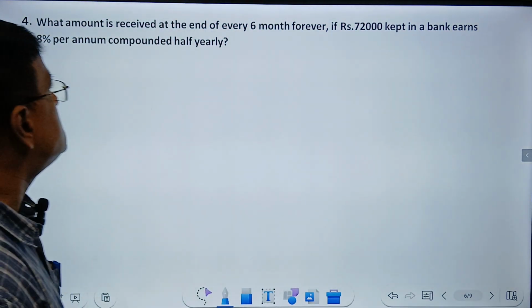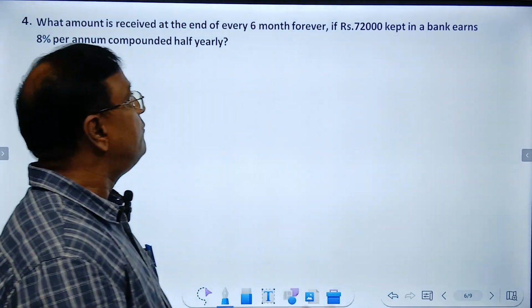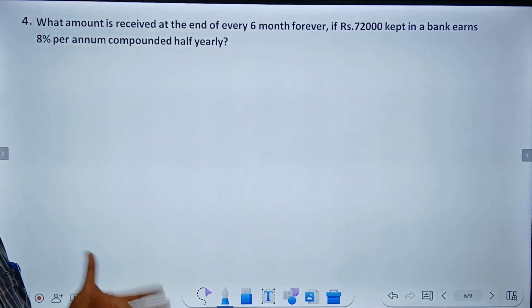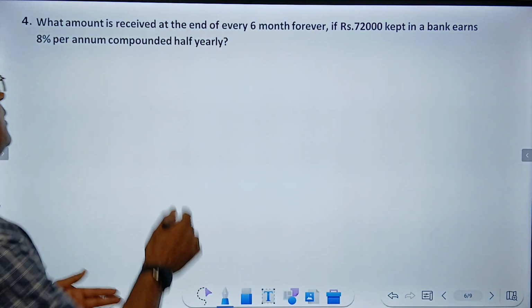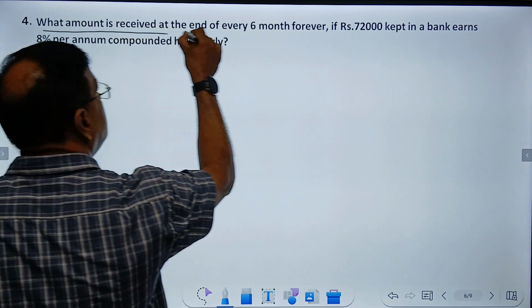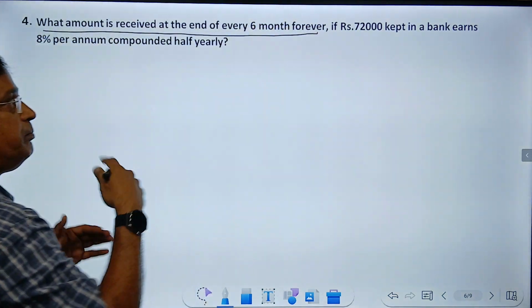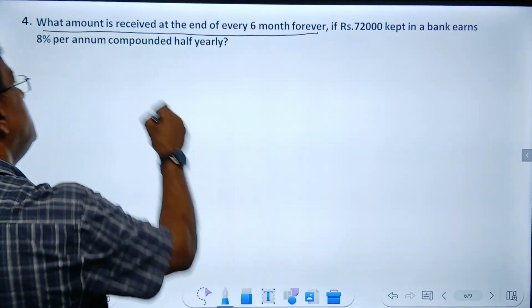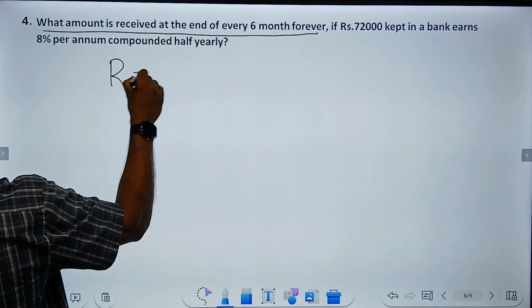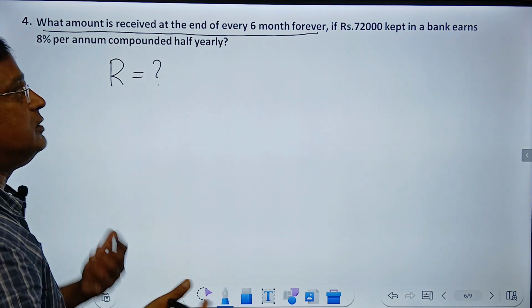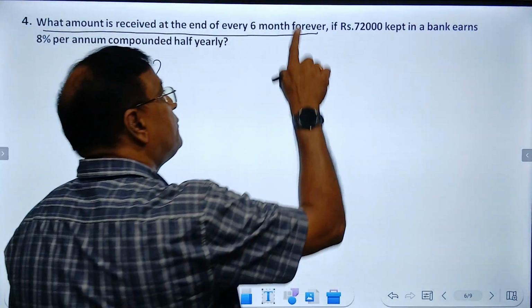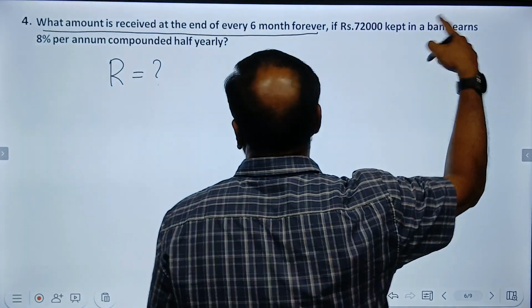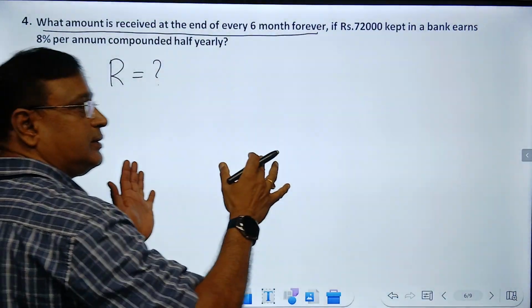What amount is received at the end of every 6 months? That means periodically, what amount will I get after every 6 months? So here my question is, I have to find R. I don't know what R is. But if 72,000 is kept in a bank, so it is kept aside.